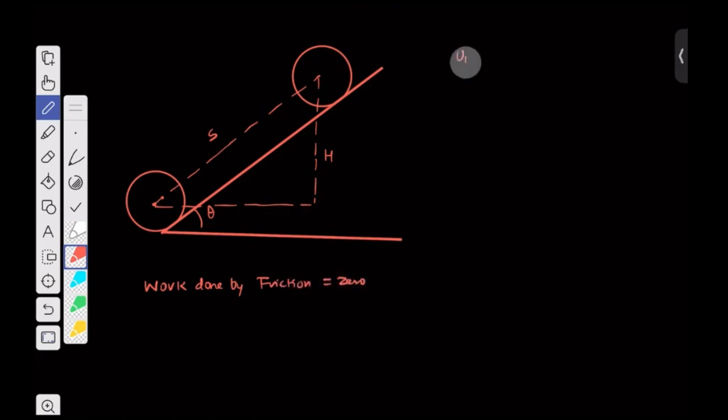So I'll write down U1 plus K1 equal to U2 plus K2. If I consider the final height of the center of the mass to be the reference, the initial gravitational potential energy will be mgh, starting from rest so kinetic energy 0.